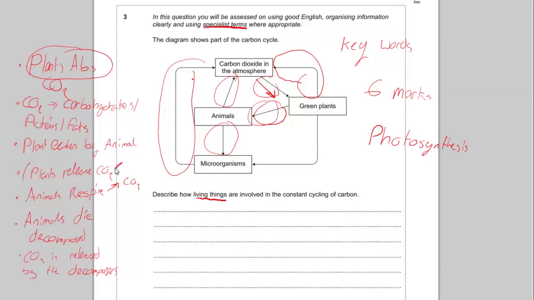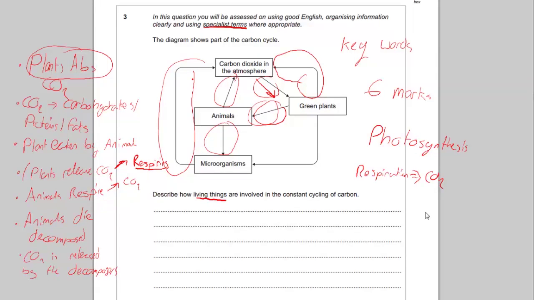The plants releasing CO2 is respiring. Respiring is another key word, saying that respiration releases CO2 would get you another mark.